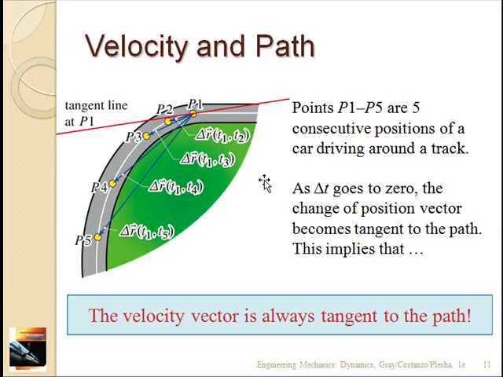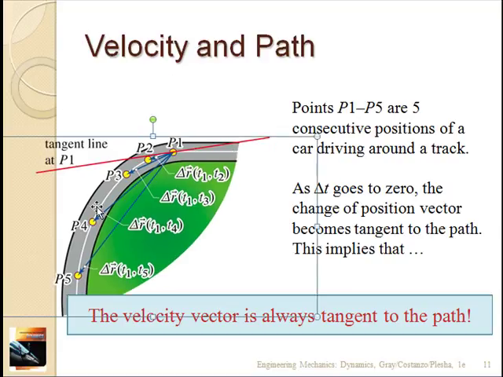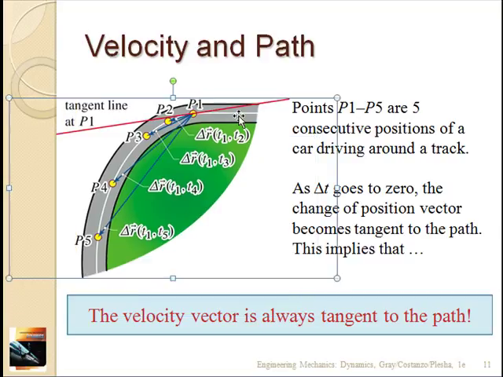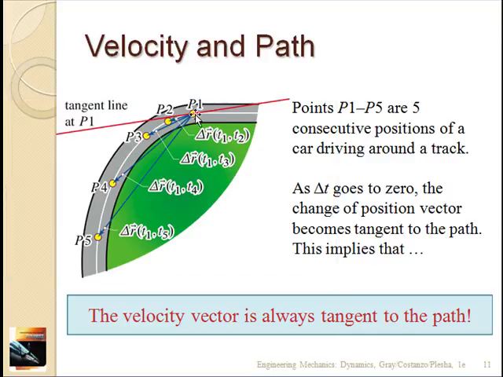We can relate the velocity to the path. Suppose in this example there's a street here that's a curved street, and there's a car driving along that curve. There are 5 positions drawn out here: P1, P2, P3, P4, P5.